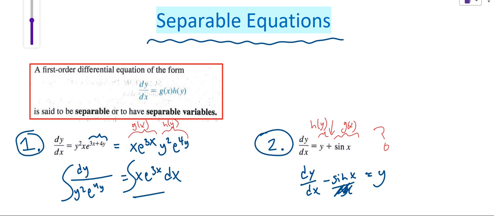Essentially, this means that this is not a separable equation, and there is no way of expressing y plus sine of x as a product of a function of x times a function of y. That is basically what it means to have separable equations, and they're very useful in solving differential equations because you can integrate either side, solve for your variables, and get your final solution.